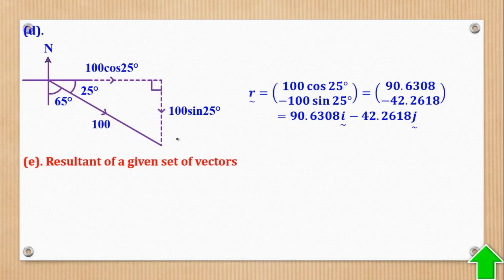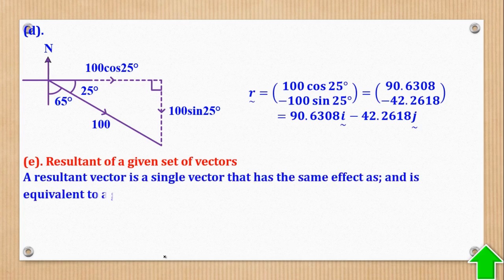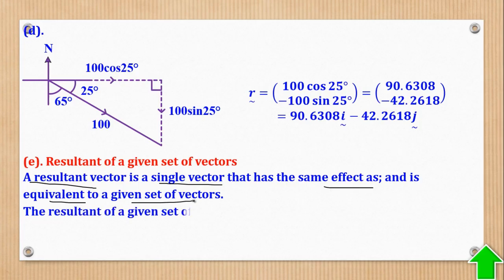Now we shall go to the main aim of this topic, and that is called resultant of a given set of vectors. So a resultant vector is a single vector that has the same effect as, is equivalent to, the given set of vectors. So it has the same effect as a given system of vectors.